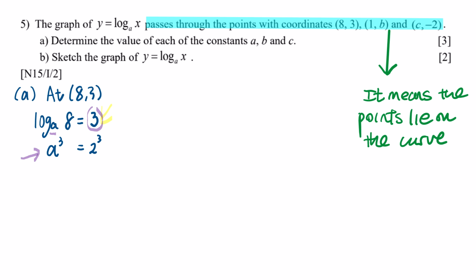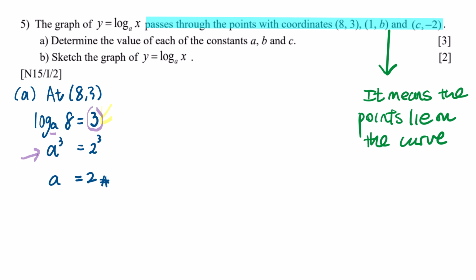But you can write 8 as 2 to the power of 3. Why do you want to do that? Because we want to make the power the same on both sides. a to the power of 3 equals 2 to the power of 3, and if the powers are the same, then we can conclude that the base will be the same. So therefore a is equal to 2.